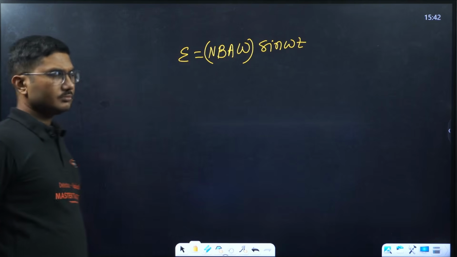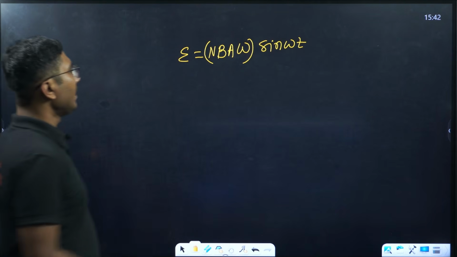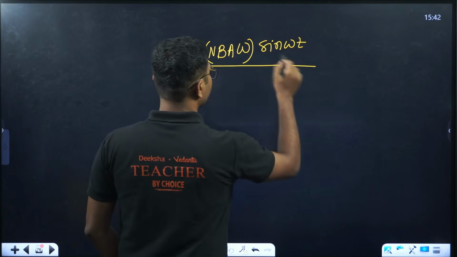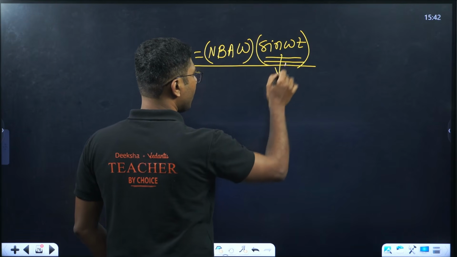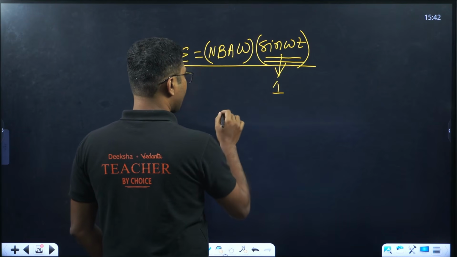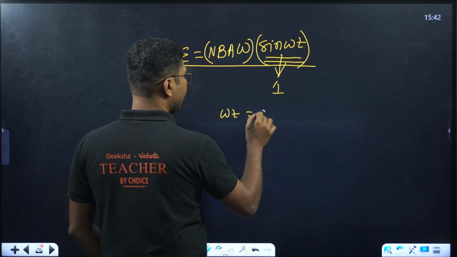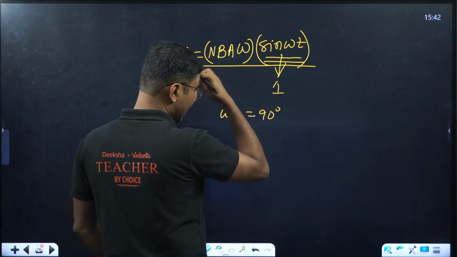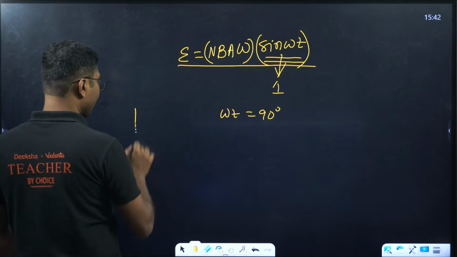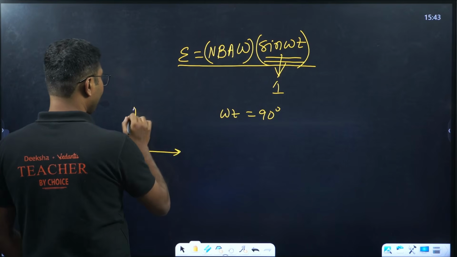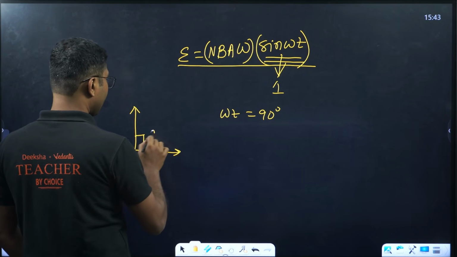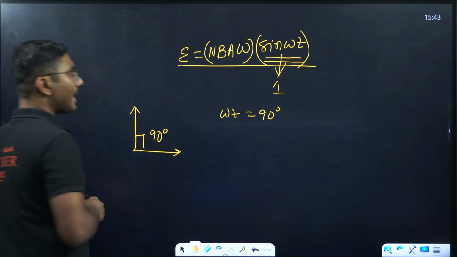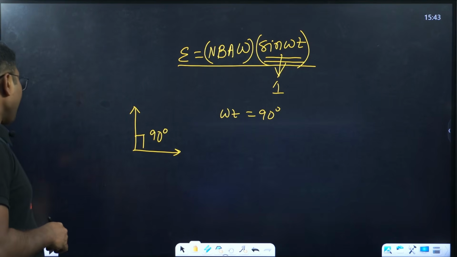So this is the induced EMF value. The maximum value will be when sine omega t's value is 1, so omega t is 90 degrees. That is the angle between the magnetic field and the plane. At this angle, induced EMF will be maximum.